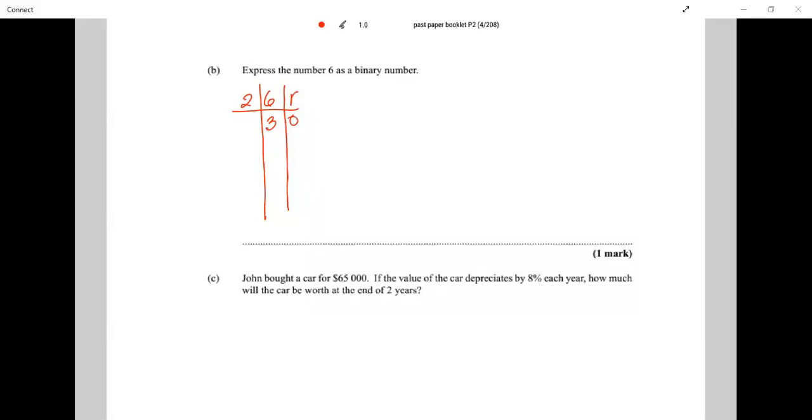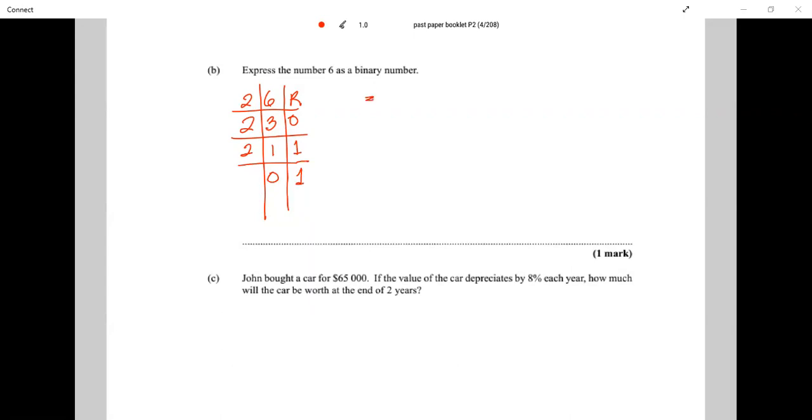Over here, I have the remainder. If I divide 3 by 2 again, I'm going to get 1 with a remainder of 1. Then I'm going to divide by 2 again, and I'm going to get 0 with a remainder of 1.